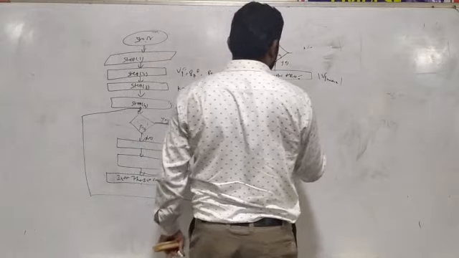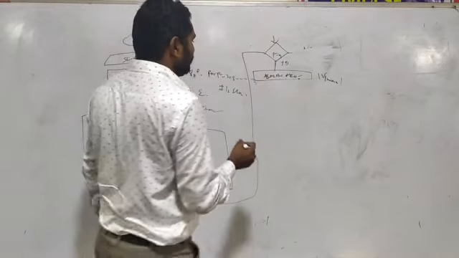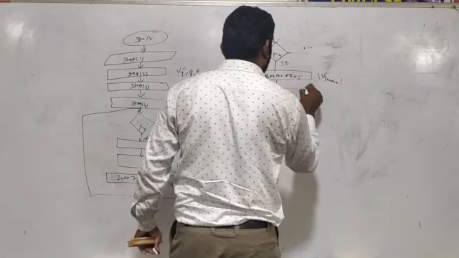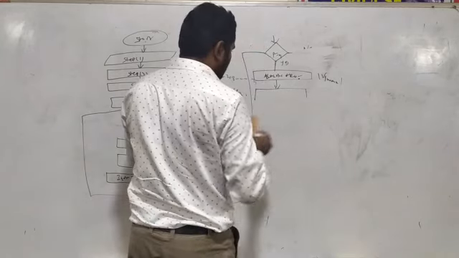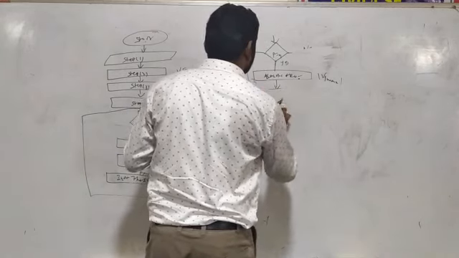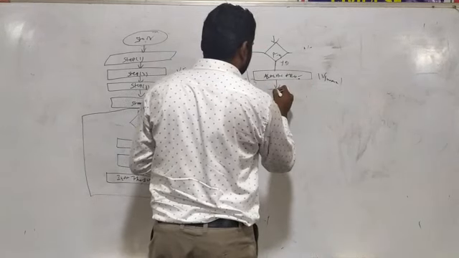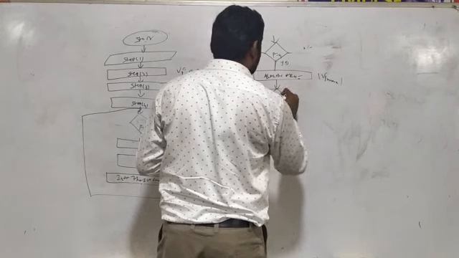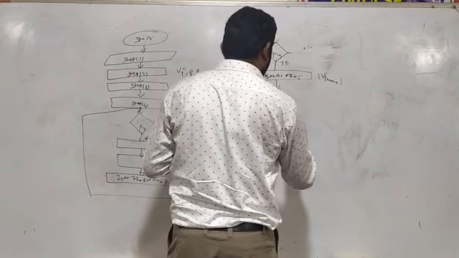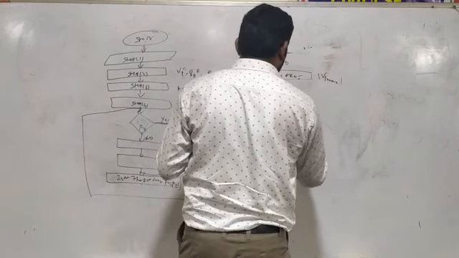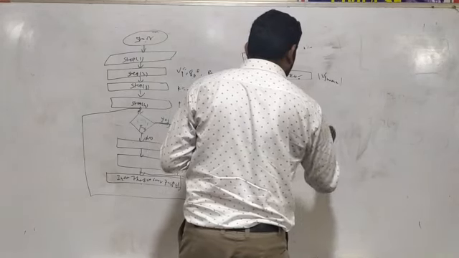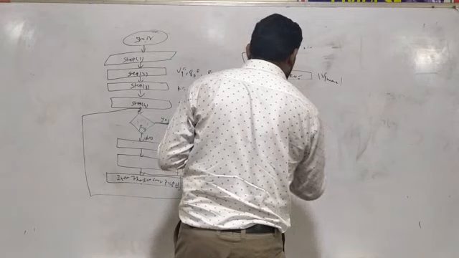So after calculating the absolute residue, we are moving to check the residue. If the residue is greater than or equal to epsilon, we have to find out a few more steps if the condition is yes.